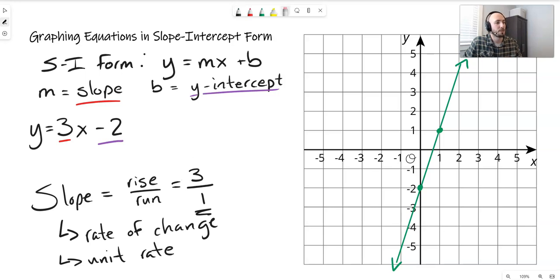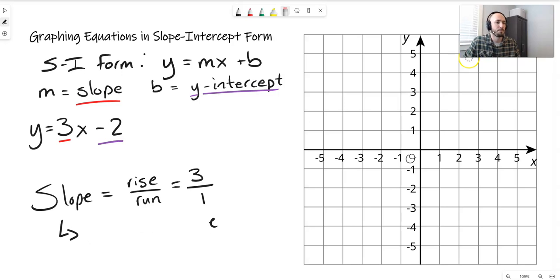It's a +3, so we're going to increase by 3. So if we wanted to find the next point, for every 1 unit to the right, we can move 3 units up to find another point on the graph. And so we can find as many points as we want, but we really only need 2 to graph an equation.